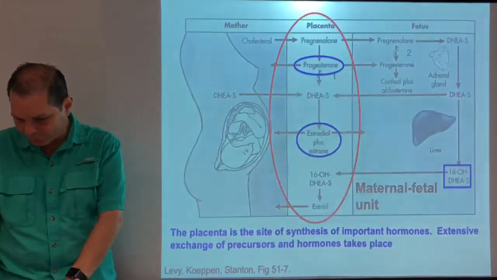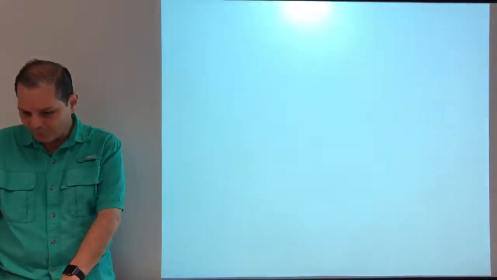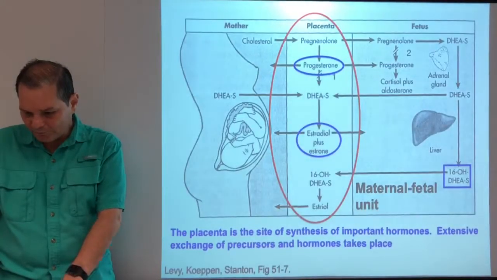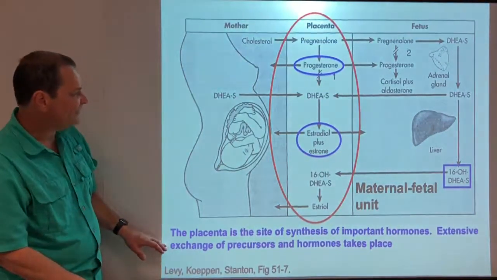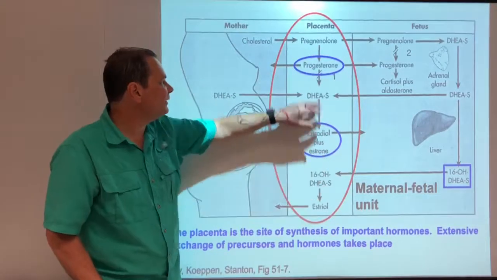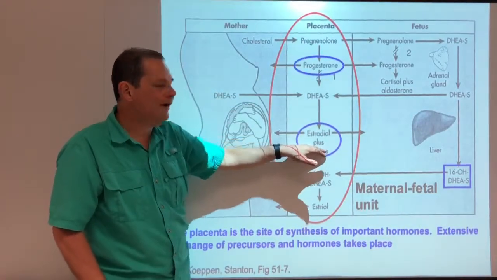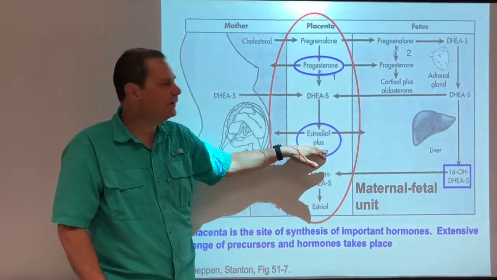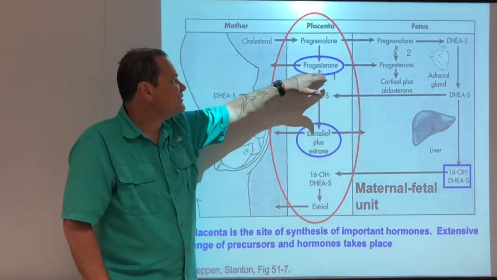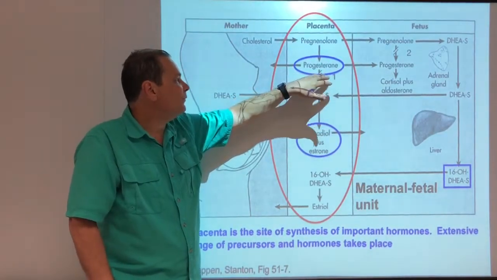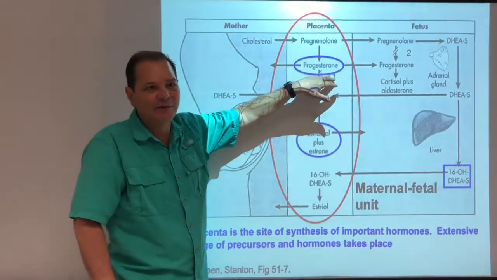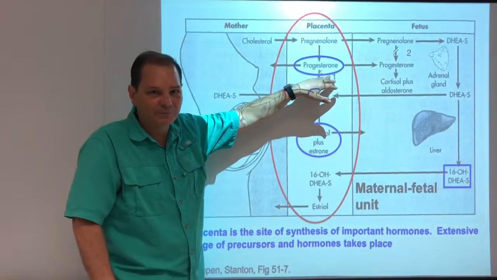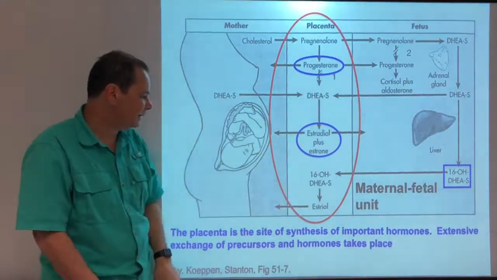Then, of course, we have the synthesis itself going on in the placenta. Once again, progesterone and estradiol, the major products here. Remember, when you're secreting enough progesterone here from the placenta, that means that your HCG can go down and you can stop secreting it from the corpus luteum and it can go away.